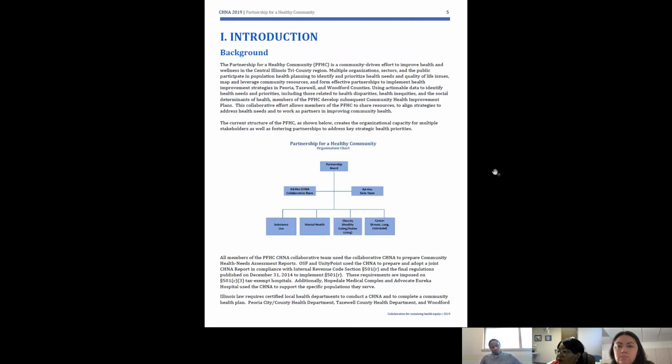So this is how the partnership is structured. This is the org structure. There's a governing board, and then there is a data team that works to do a community health survey that is distributed throughout the entire Tri-County region, and we work with our partners to get that information.